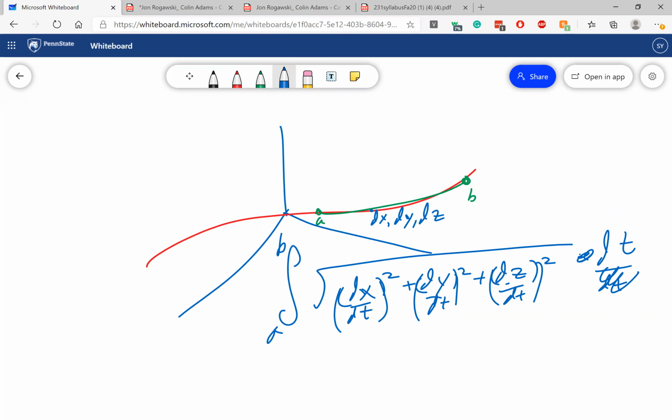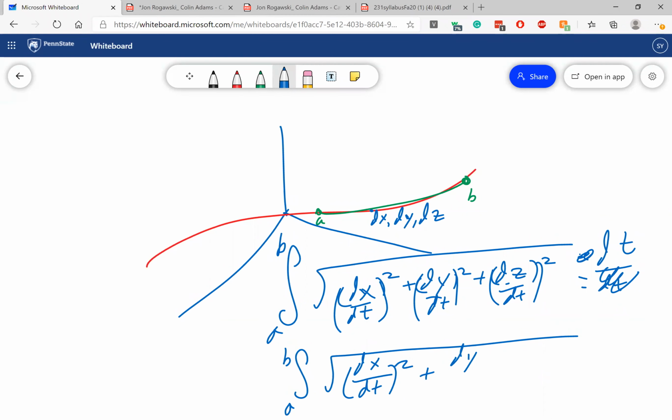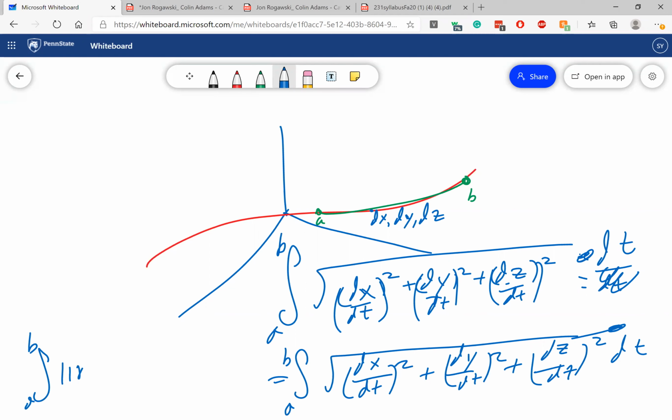So that would give us the integral from a to b of the square root of dx over dt squared plus dy over dt squared plus dz over dt squared, dt. And that's what we have, right? And this is equal to the integral from a to b of the magnitude of r prime of t. So that's what we have.